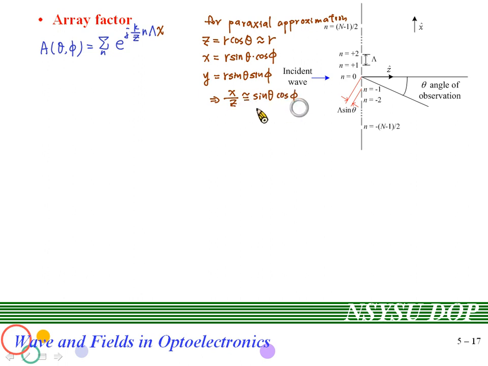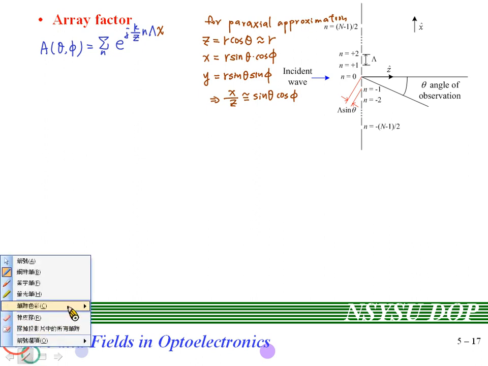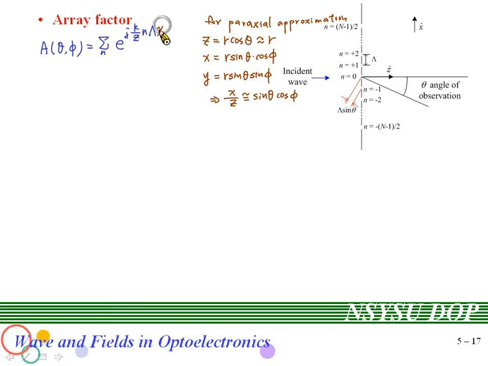And we can take this result back into here. Clearly, you see we have x over z in the exponential term, right? So for a parallel approximation, the array factor can be written as, okay, by replacing the x over z with this term.